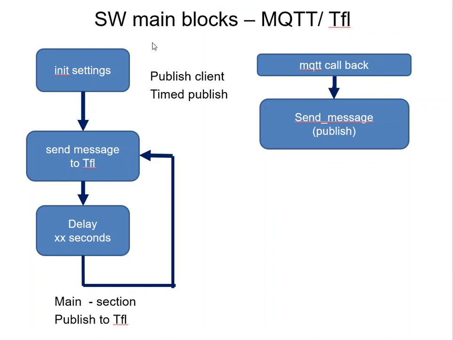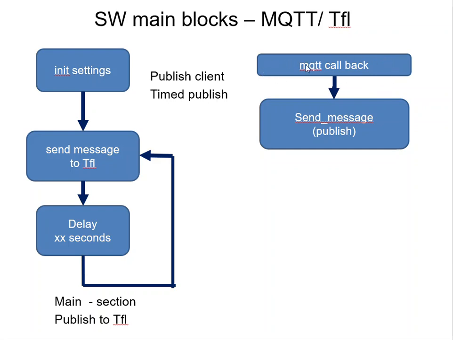So the idea for creating the publishing client is that we are using the same kind of initiation methods, and instead of an empty loop, now we are calling this send method in that loop, and then we are waiting for a while, not sending those messages so often. And then there's again the callback.